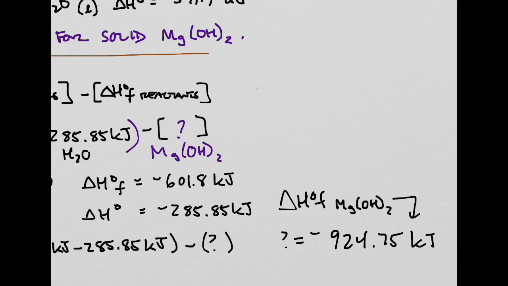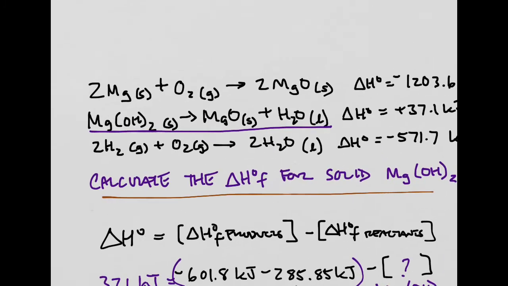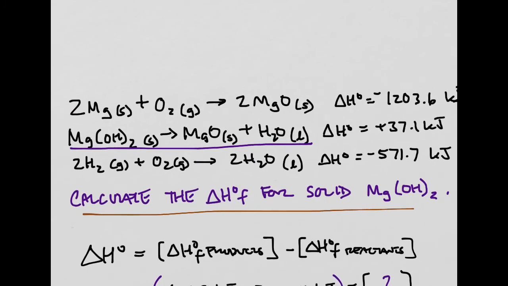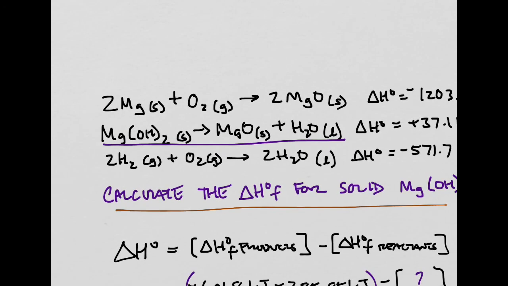Now, the question you might have is, wait a second, if we are looking for the standard enthalpy of formation for magnesium hydroxide, why not simply take this reaction that we have here and turn it around? Because that would be, instead of the decomposition, the formation of MgOH2. Well, the reason is that that's not the reaction for the formation of MgOH2.